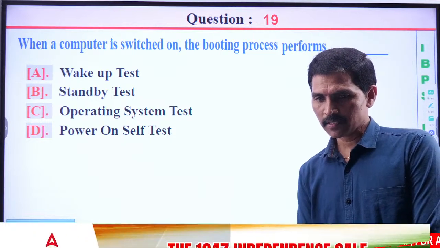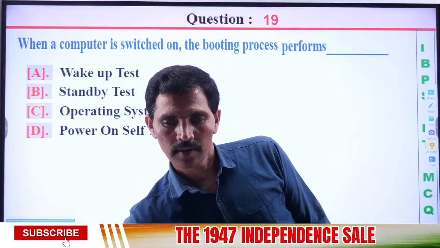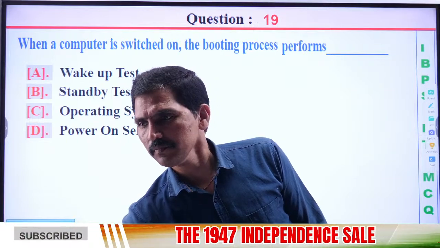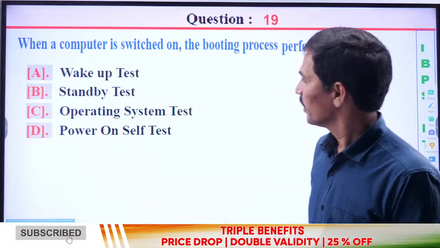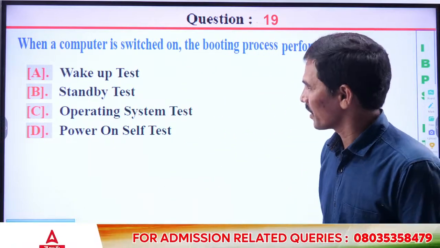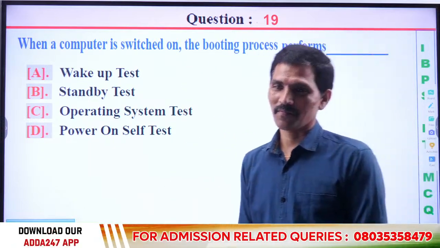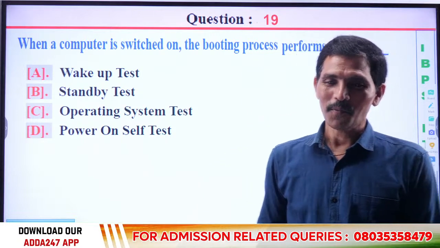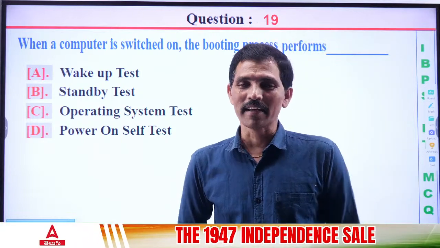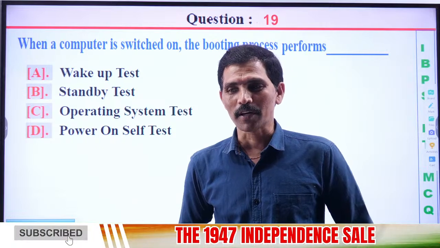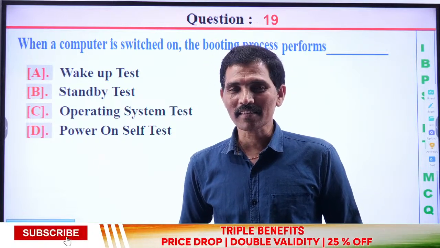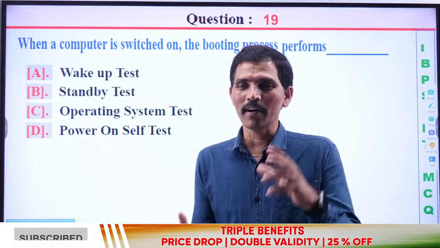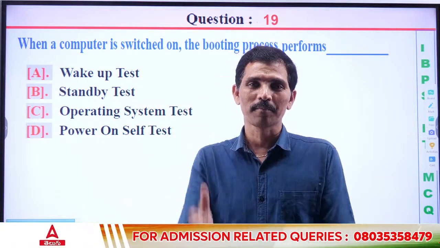Yes, the answers are up to Tarish. The answers have stopped. Yeah, Shruti Priya is also saying C, operating system test. Okay, so the majority of the people are saying operating system test. They are all thinking in the same way.